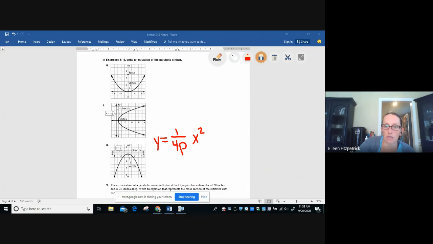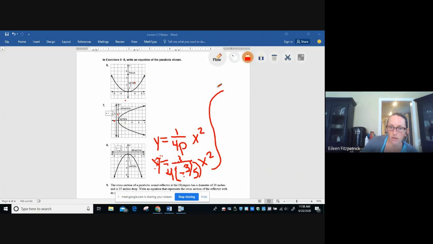Since my parabola is opening down and p has to be negative, I'm going to plug in negative 3/5 for p. Y is equal to 1 over 4 times negative 3/5 x squared. Let me bring it up here to do the work.